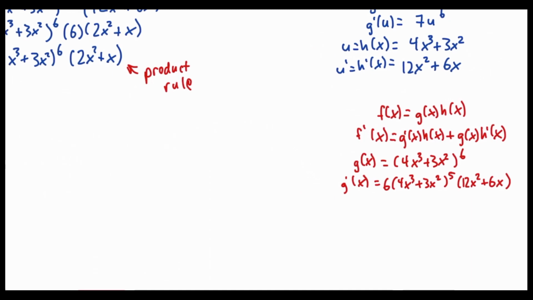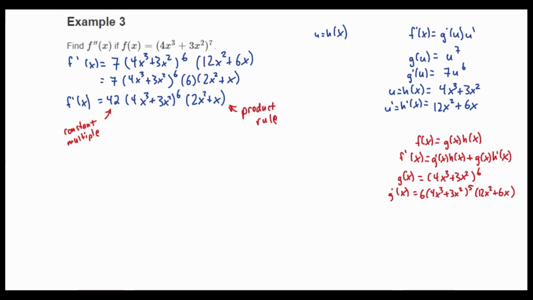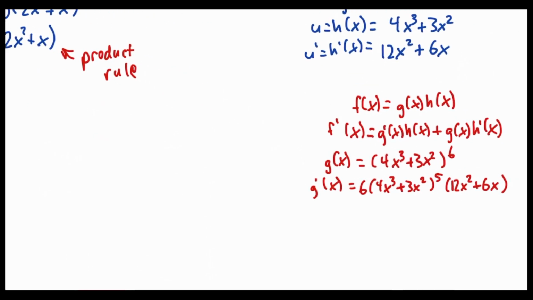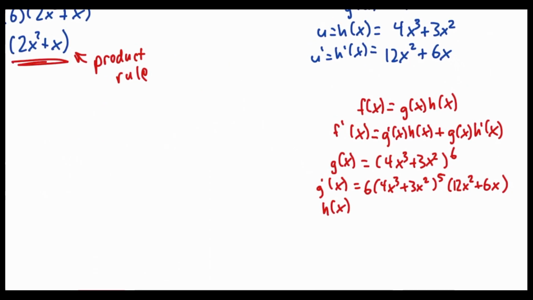So far, so good. And our second term, or h of x, is 2x squared plus x, and the derivative of that function, h prime x, is going to be 4x plus 1.